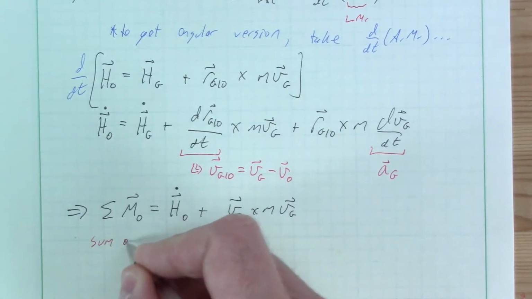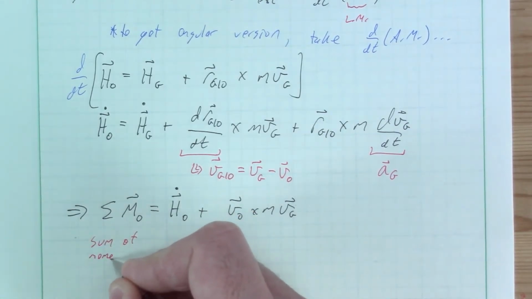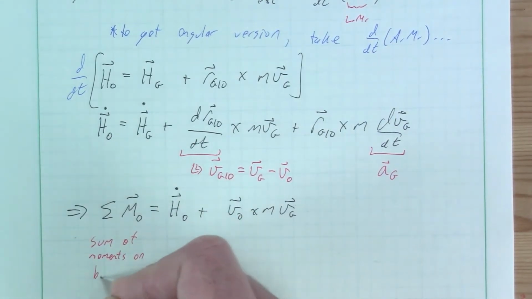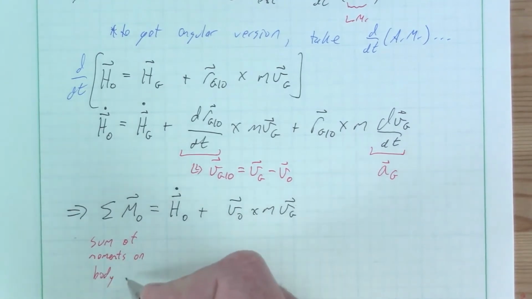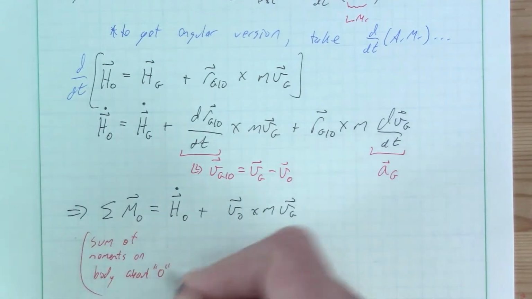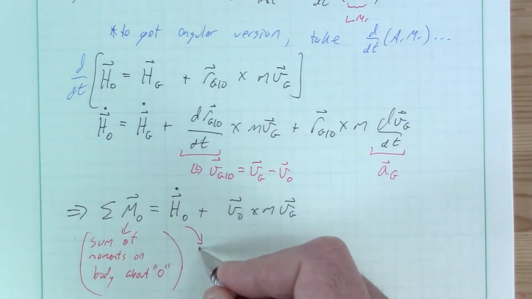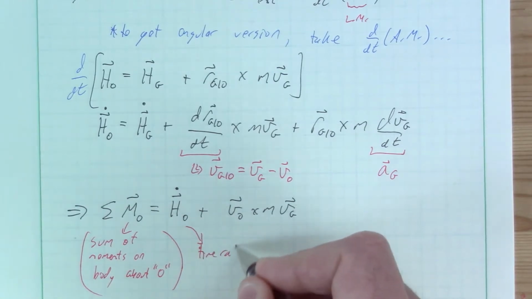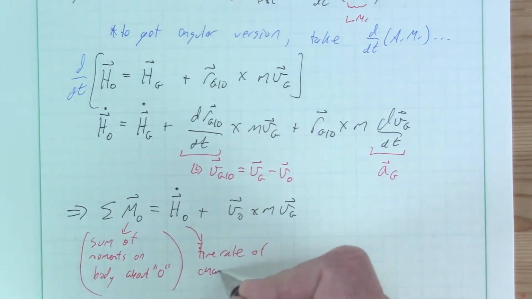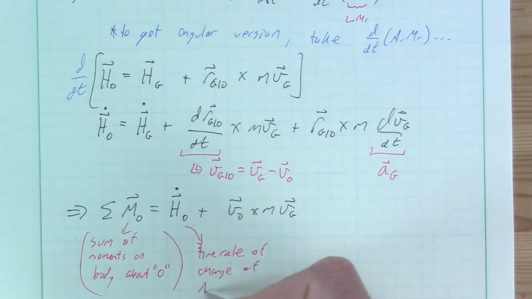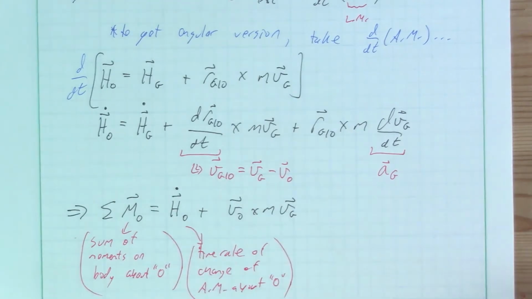So this is the sum of the moments acting on a body, or if you had particles, about some arbitrary point O. This then is the time rate of change of angular momentum about O. That's what we had for particles.